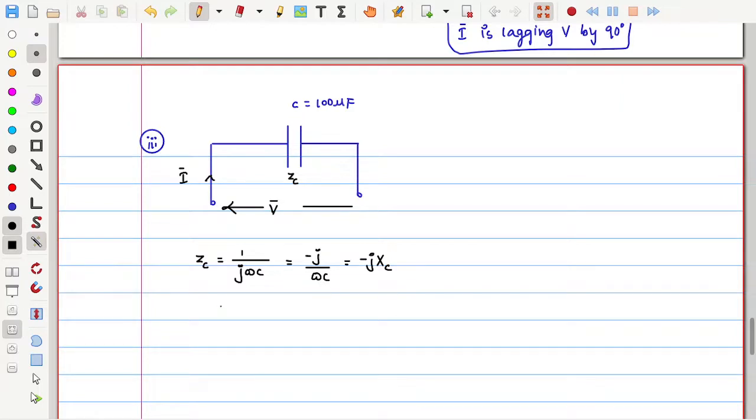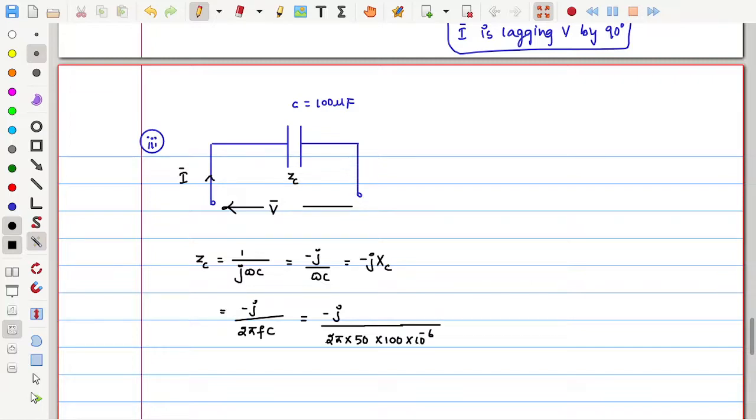Now omega is 2 pi f, so I can write this as minus j by 2 pi f C. That is 2 pi into 50 into C, which is 100 into 10 power minus 6, since micro means minus 6, microfarad, right? How much is this value? Tell me.